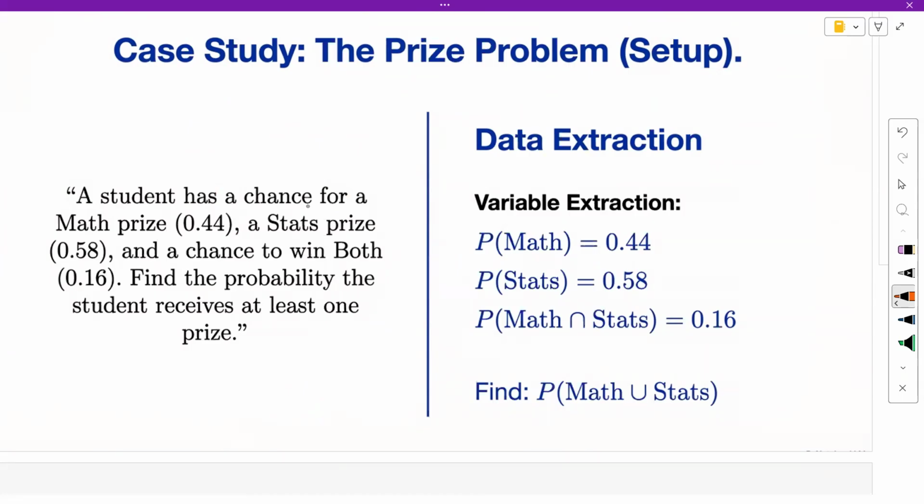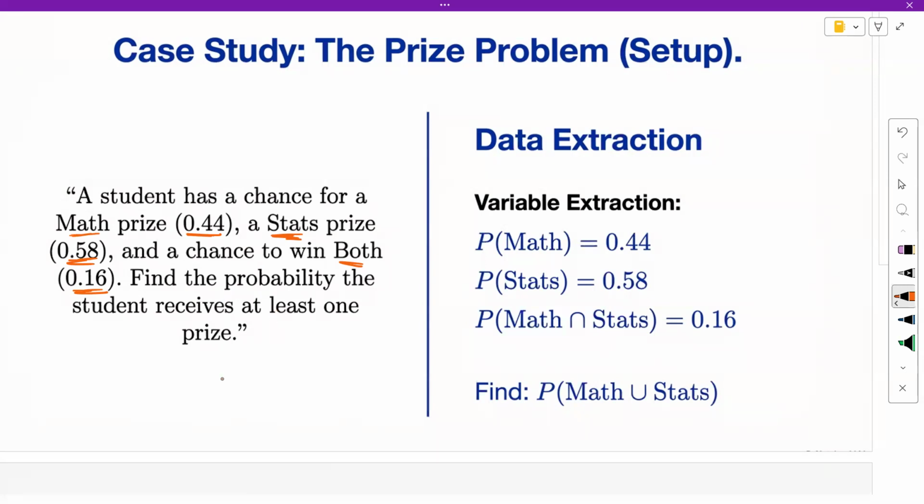A student has a 44% chance of obtaining the prize for mathematics, a 58% chance for statistics, and a 16% chance to win both subjects, statistics and mathematics. Find the probability the student receives at least one prize.